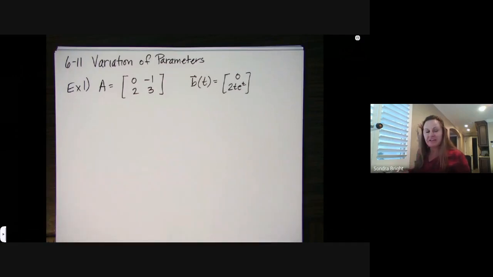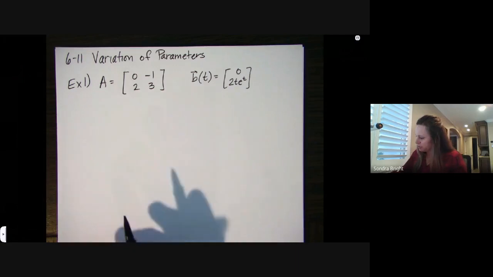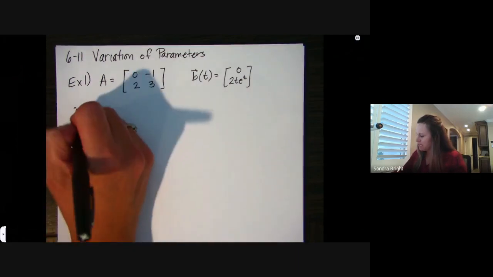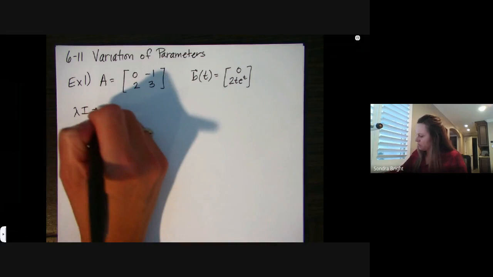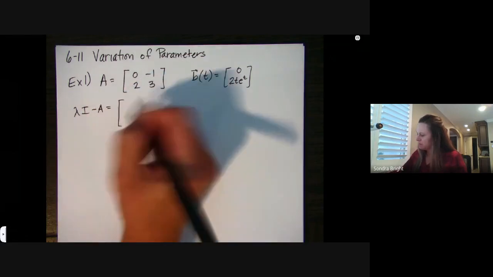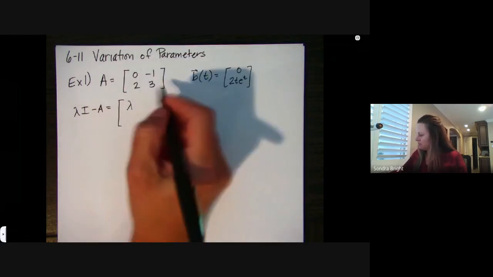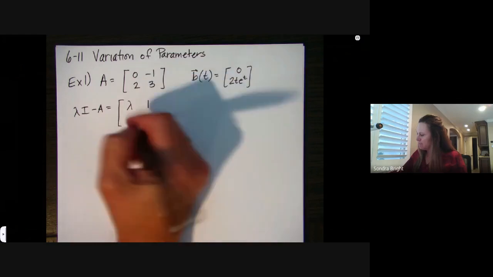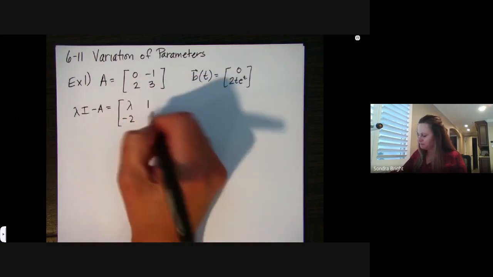You're going to start off by finding the homogeneous solution, right? And to find the homogeneous solution, we did lambda I minus A, which would be lambda minus 0, 0 minus negative 1, 0 minus 2, and then lambda minus 3.